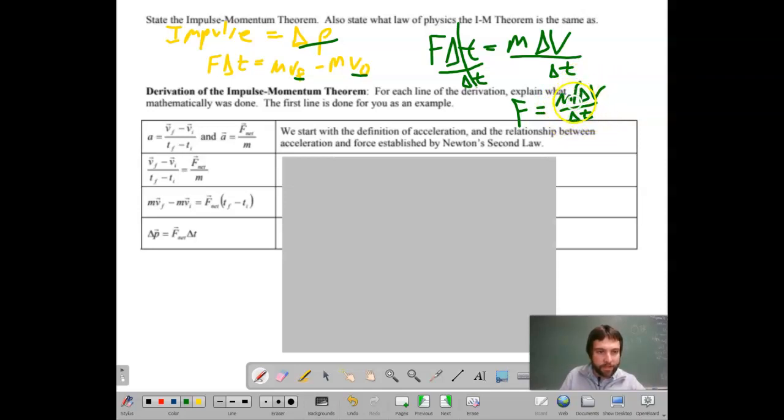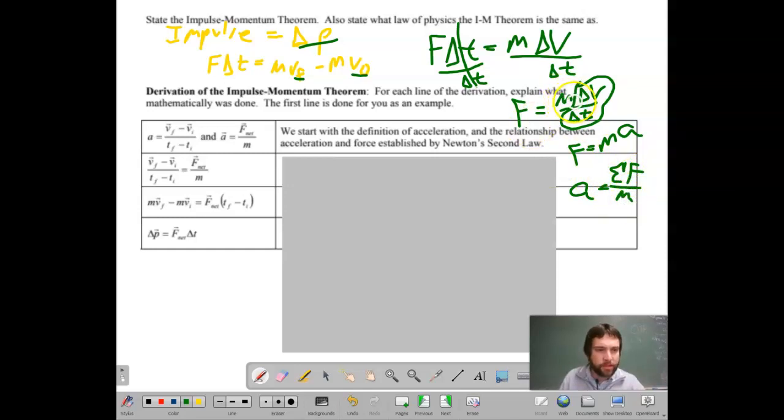Okay. Oh, wait a second. Look at this. What does this mean? F equals m delta v over delta t? What? Yes. Impulse momentum theorem. Same thing as Newton's second law. Newton's second law tells us acceleration is directly proportional to the net force and inversely proportional to an object's mass.